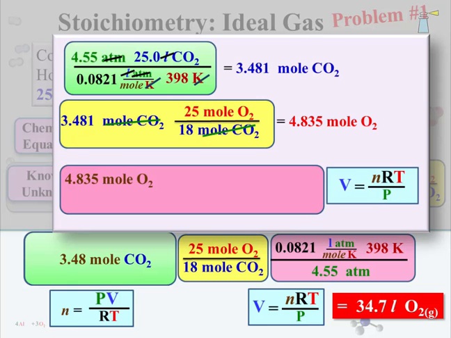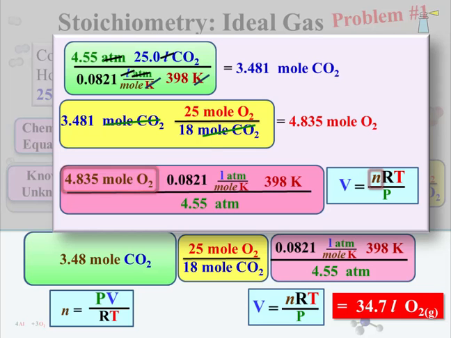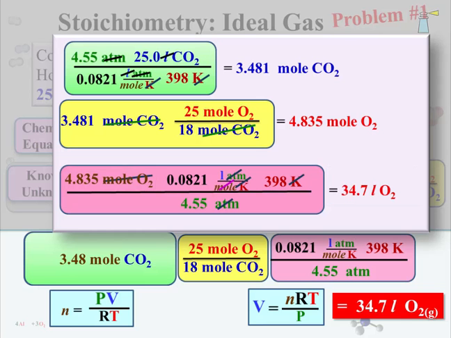That value is converted into liters of oxygen using the ideal gas law with volume isolated on one side of the equation. Multiplying the n of 4.835 moles by the gas constant and the temperature, and then dividing by pressure, cancel units, and 34.7 liters of oxygen can produce as much as 25.0 liters of carbon dioxide in this combustion reaction.